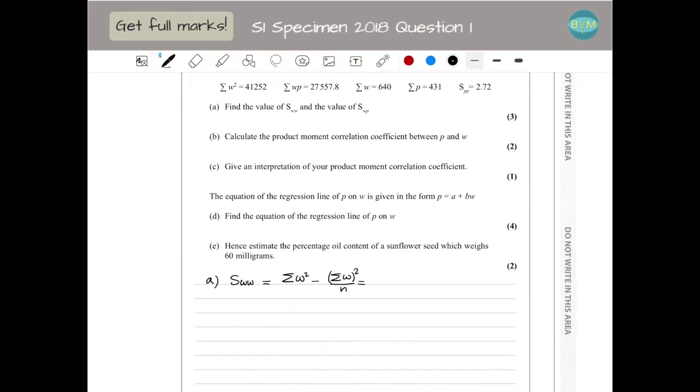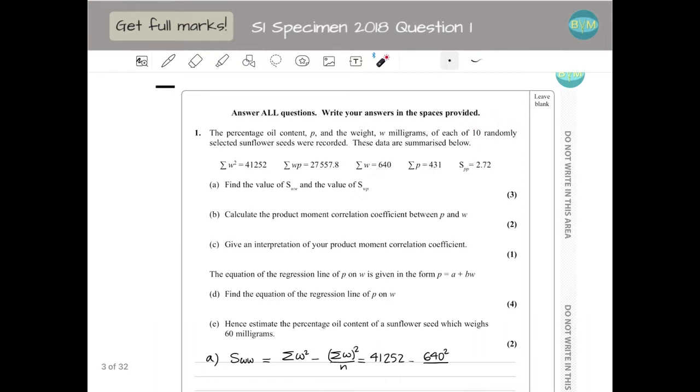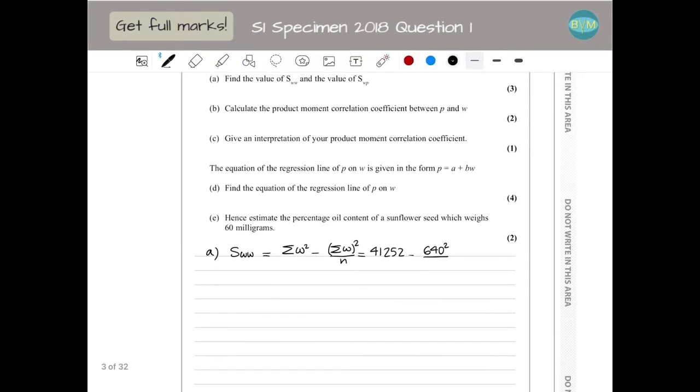The sum of W squared is given: 41252, minus the sum of W, again given, 640, squared. They say this is the data for 10 seeds, so n is 10. When I do that with the calculator, I get 292.